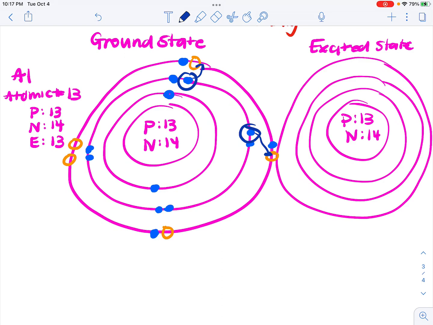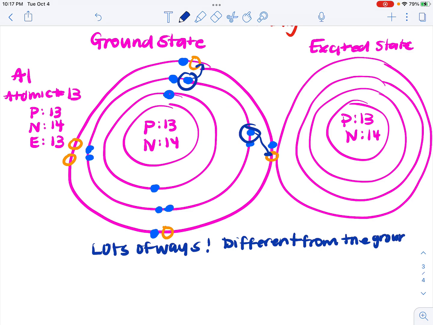So we can't move. There's lots and lots of different ways that we can do this. Lots of ways. As long as it's different from the ground state. Number 1, it has to be different from the ground state. Number 2, it has to have 13 electrons.